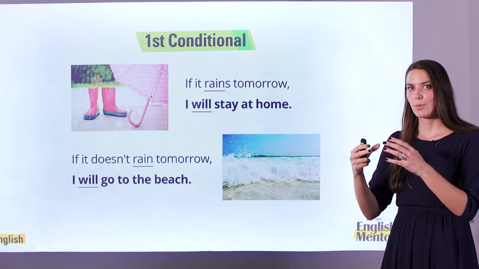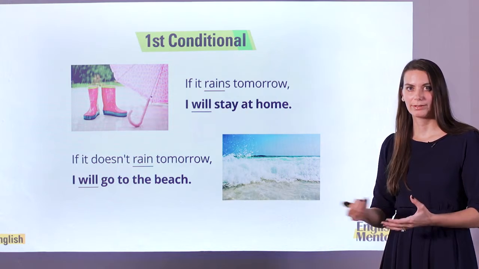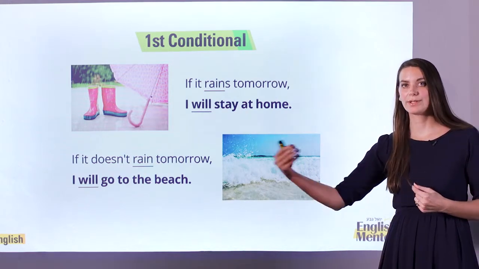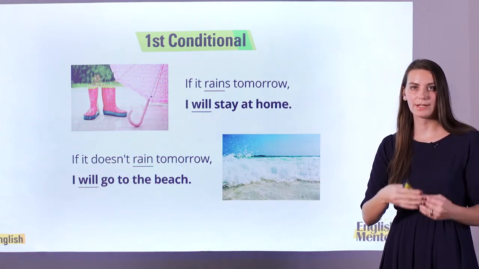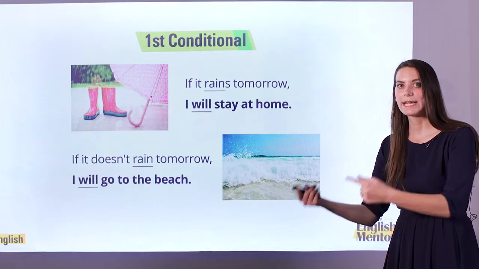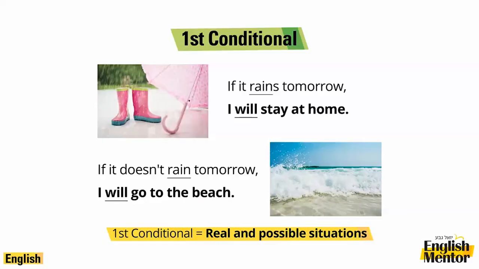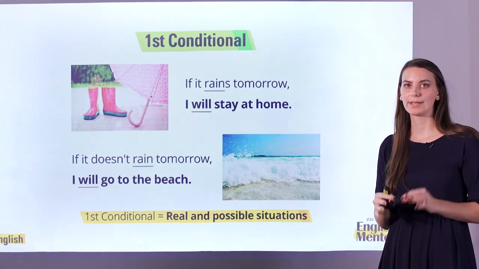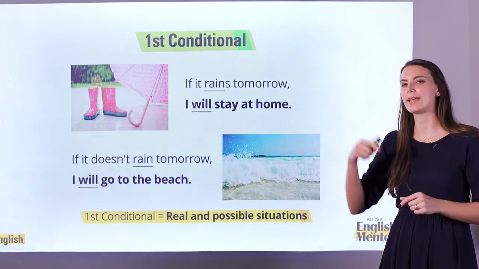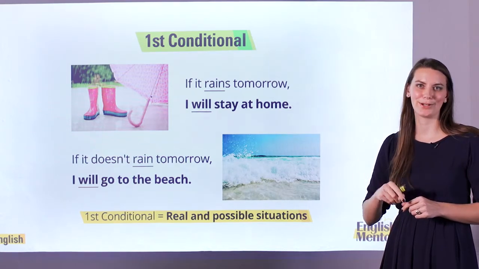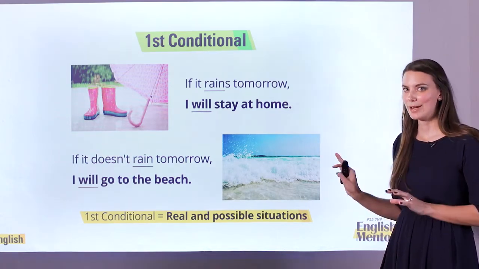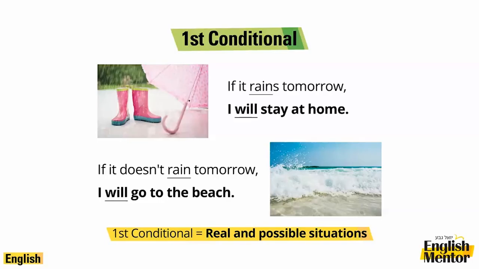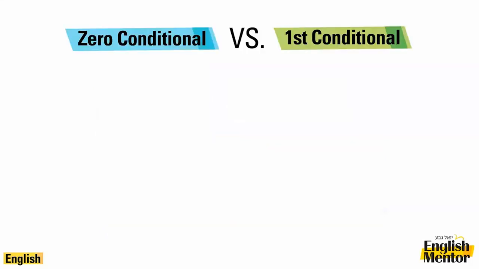The condition is whether or not it's going to rain, and your effect or your result is based on that condition, what you will do if it rains. When we talk about the zero and the first conditional, we're talking about real and possible situations. That's something very important to remember when we get into the second and third conditionals later on. So right now we're just talking about real and possible situations.